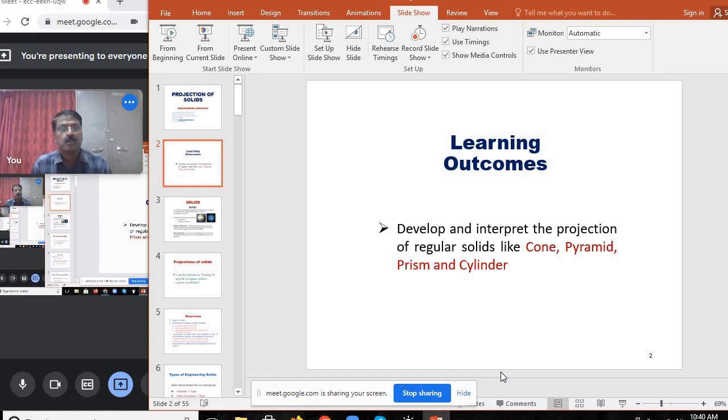So to project, or to draw, the front view, top view, and any one of the side views of a given solid in a given position is the learning outcome expected from this topic.